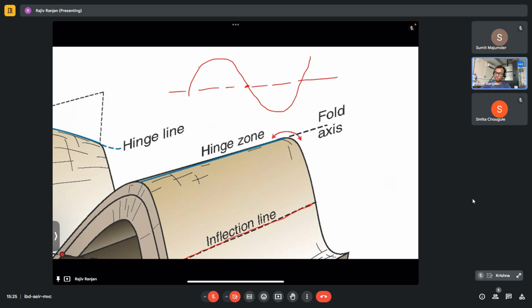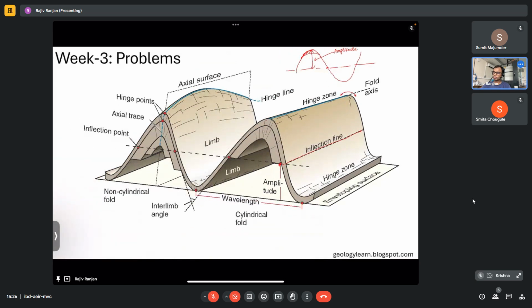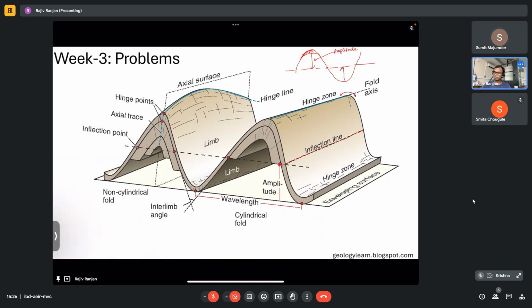Sorry, I have terrible handwriting, drawing especially, so please bear with that. So this is the amplitude. And it will be the same, right?